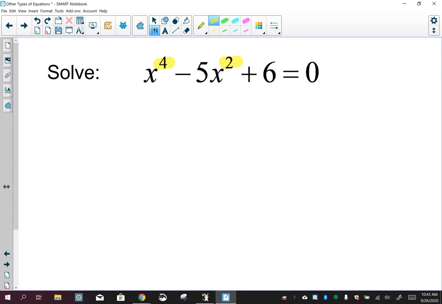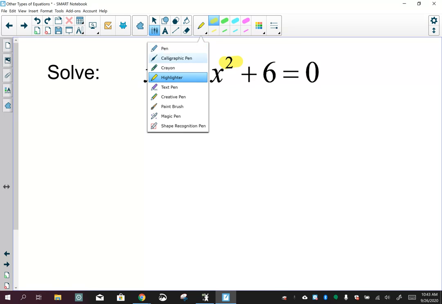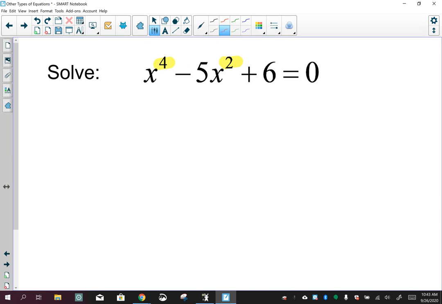So that's a good thing, because now this is what we're going to do, and you need to be very specific on this piece. We are going to say, okay, I'm going to let y equal x squared, because that means that y squared will be equal to x to the 4th.